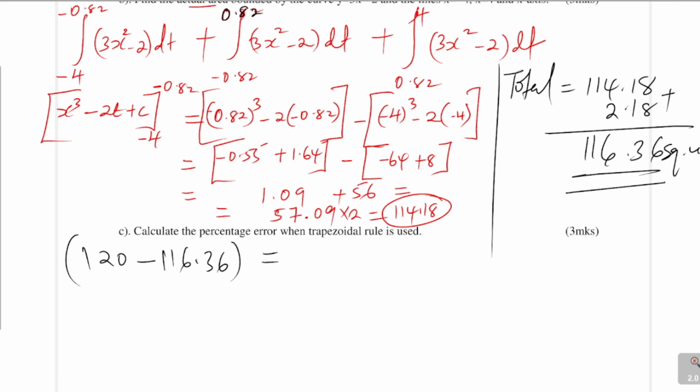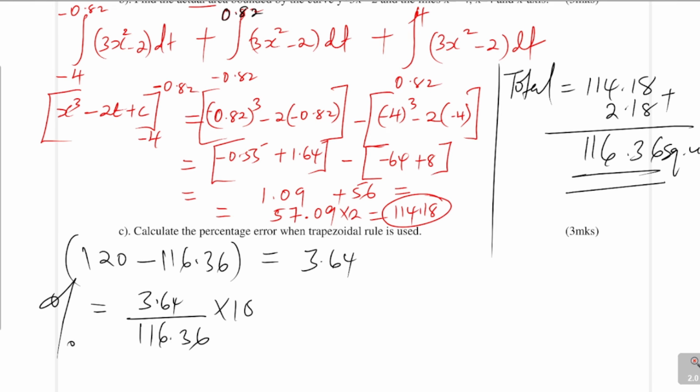So 120 subtract 116.36, you get the error as 3.64. So percentage error is given by the error 3.64 divided by the actual area, which is the area given by the integration method, and then you multiply by 100.